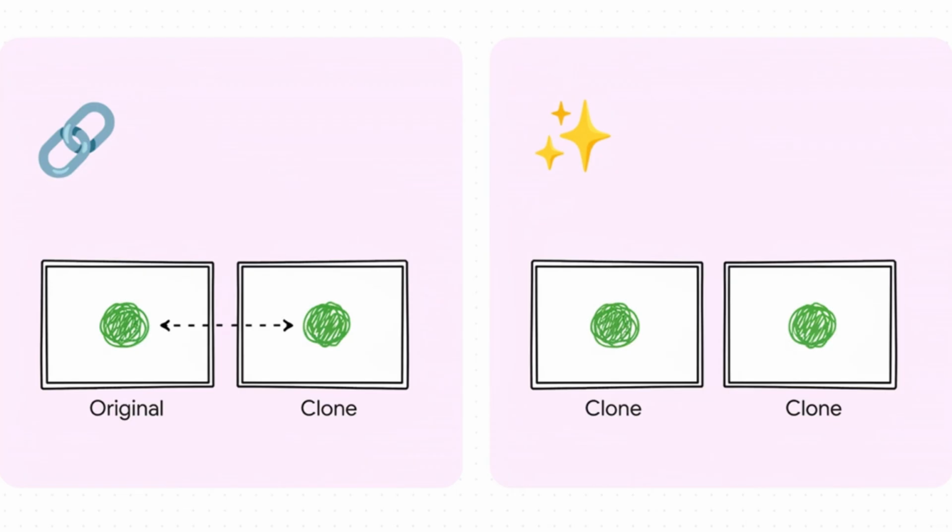A shallow copy is fast, but if your object contains other objects, the copy just points back to the original inner objects. So what happens? You change the inner object in your clone, and you accidentally change it in the original too. Ouch. A deep copy avoids this mess by creating new instances of everything, but it's way more complex to write. Figuring out which one you need is the biggest hurdle with this pattern for sure.